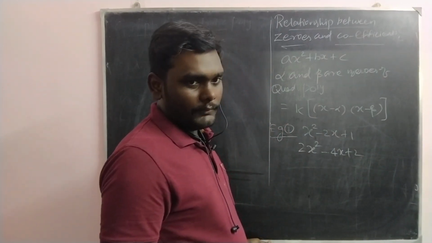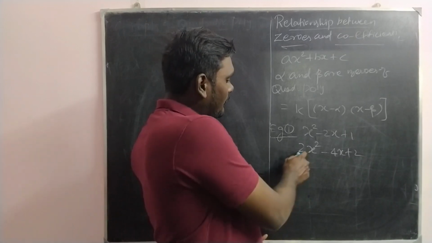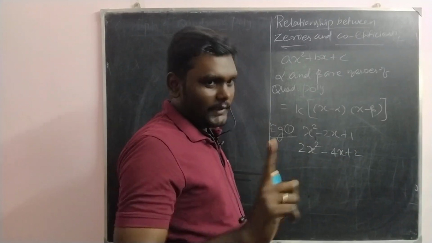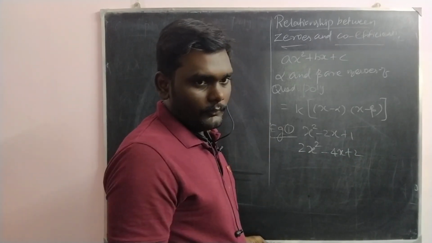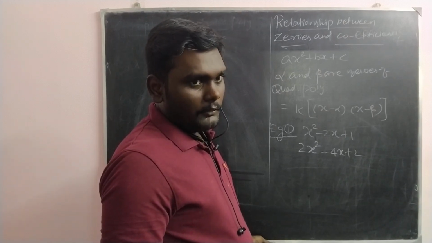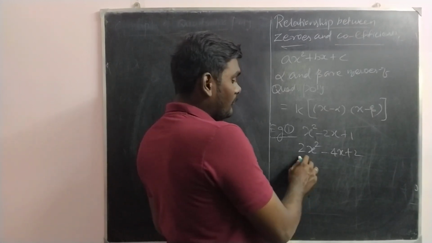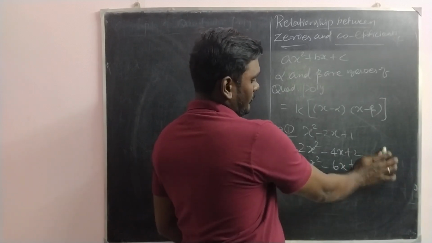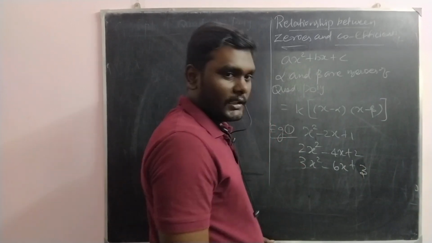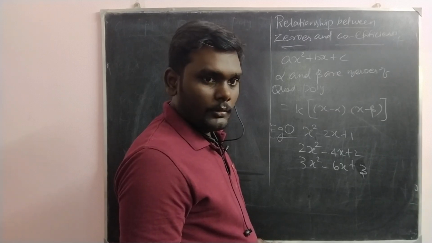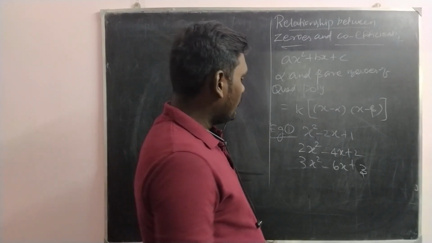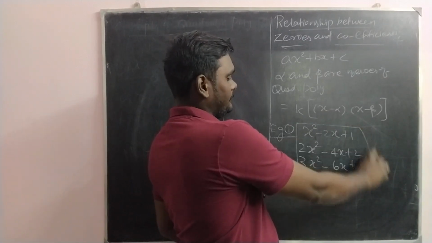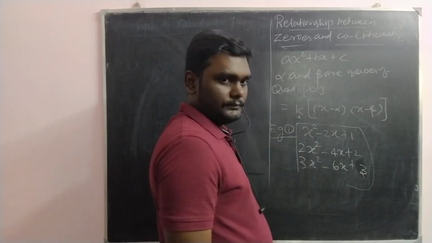When 1 is a zero of this polynomial, for multiplication with 2 also 1 is a zero. By multiplication with 3 also, 1 is a zero. So to denote this, we use the value k.